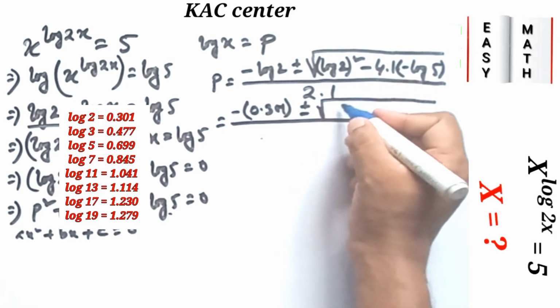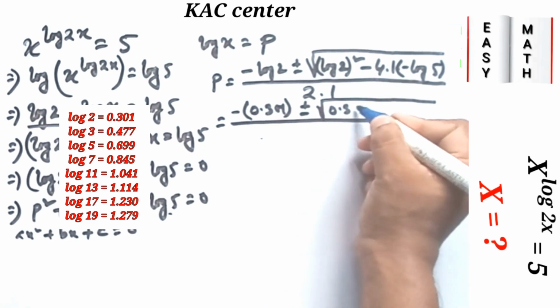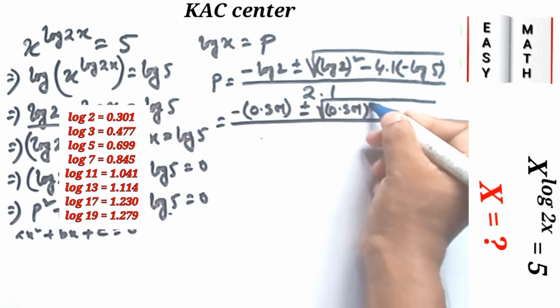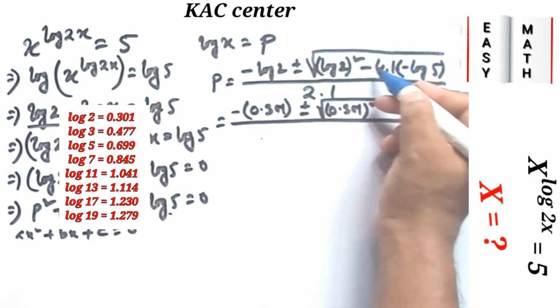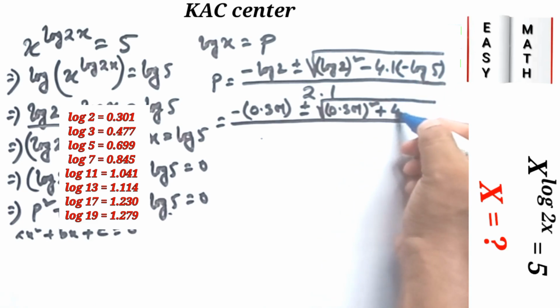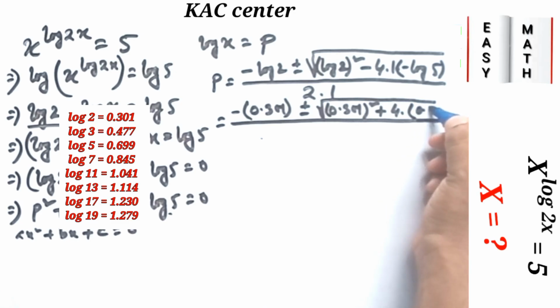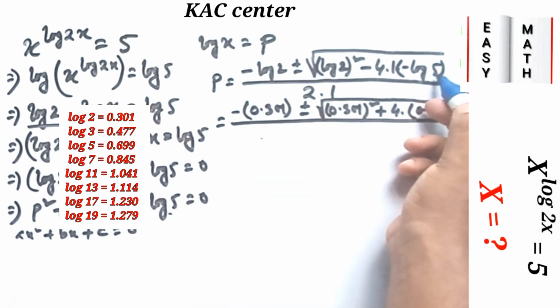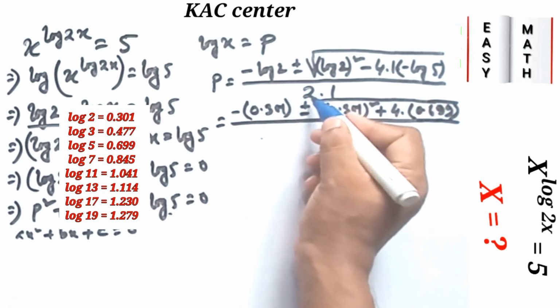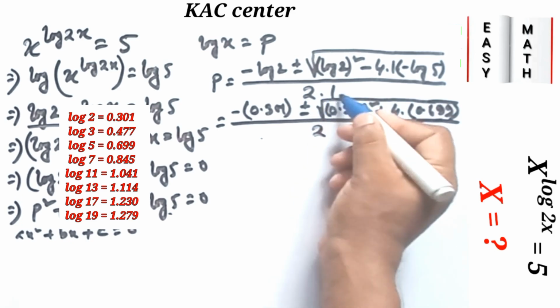So this value is 0.301 squared, and minus minus is plus, so 4 times the log 5 value, which is 0.699, and 2 into 1, this is the 2.